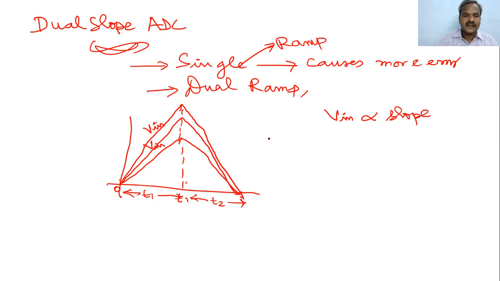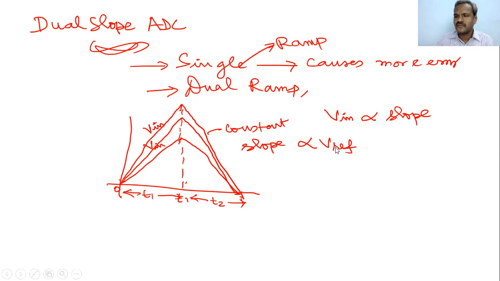Similarly, the constant slope here is proportional to V reference. This is the major advantage of this technique. Understand? Let us see the circuit diagram of this dual slope ADC.